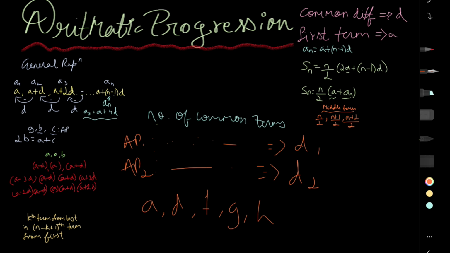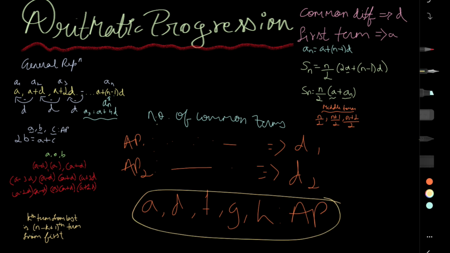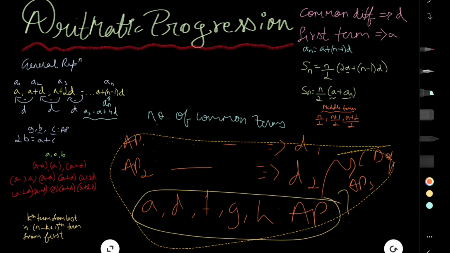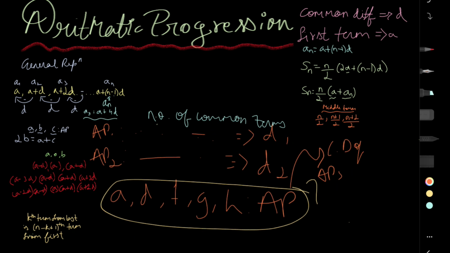Now, this also will be in AP. We have to remember that this also will be in AP only. Whatever common terms we take, that will also be in AP. Then what will be the common difference of this AP, the AP of common terms? The common difference will be LCM of D1 comma D2.